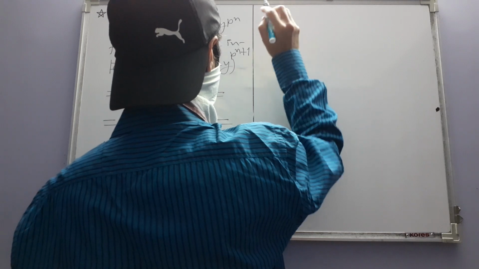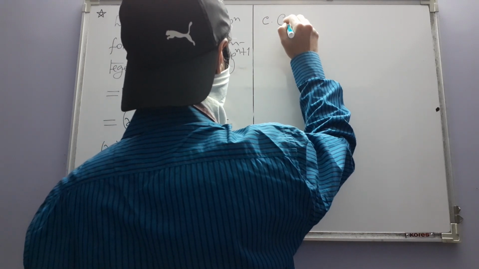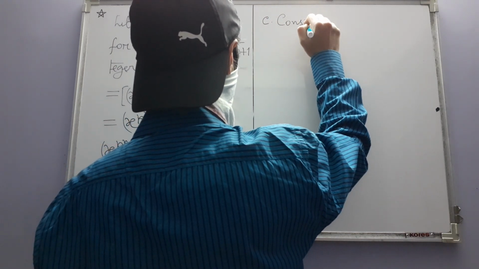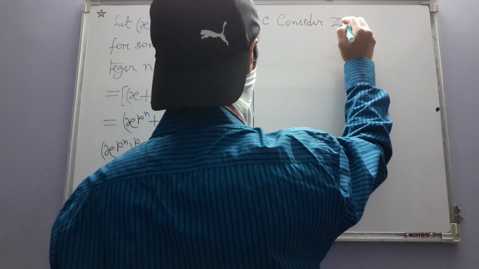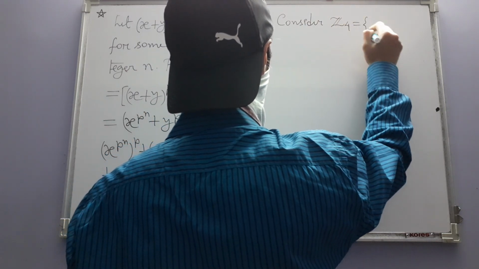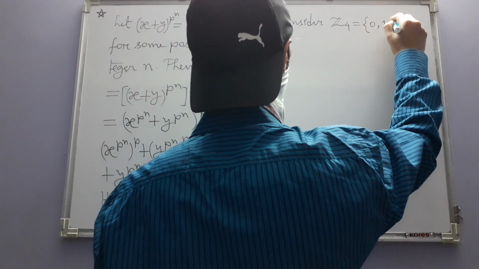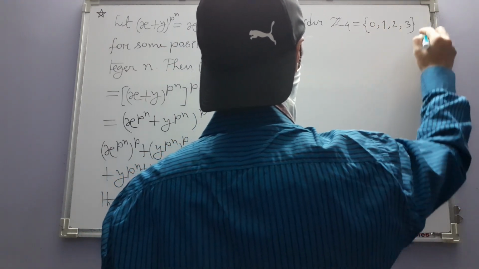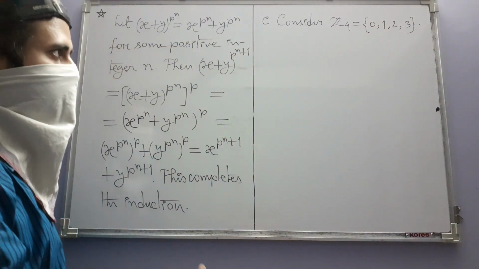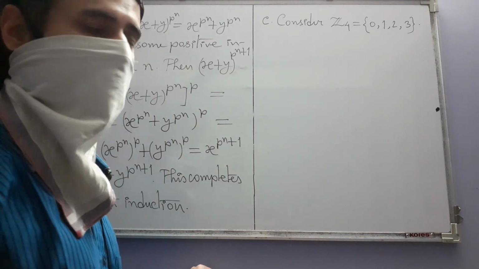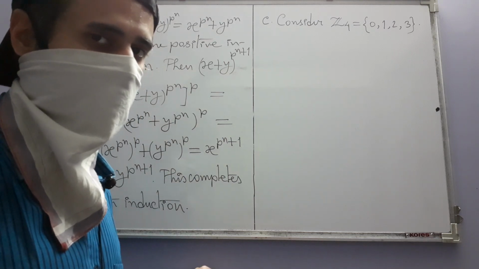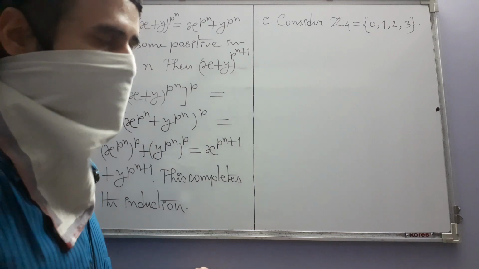So for part C, you consider this familiar ring consisting of 4 elements, where we know that the addition and multiplication are respectively addition modulo 4 and multiplication modulo 4.